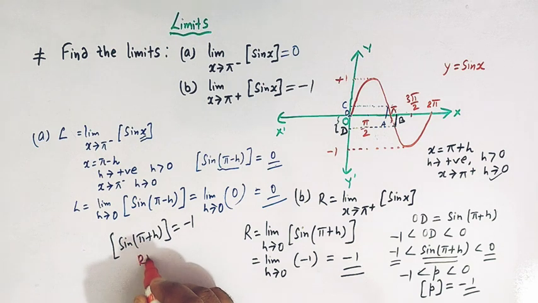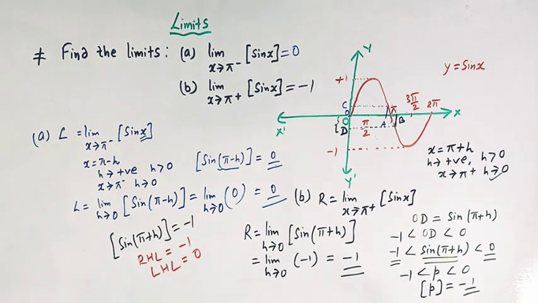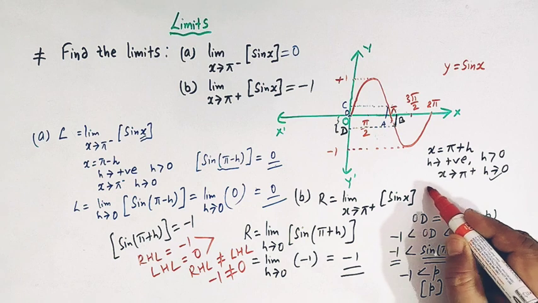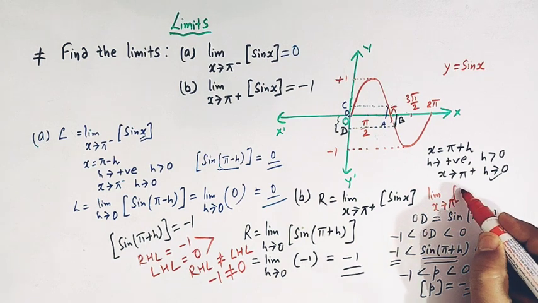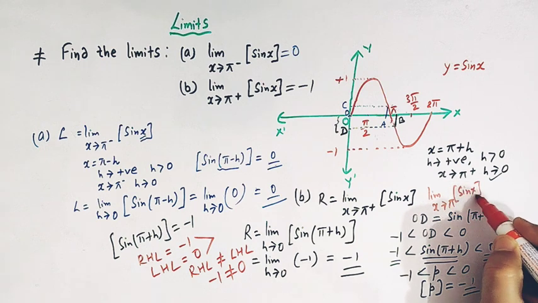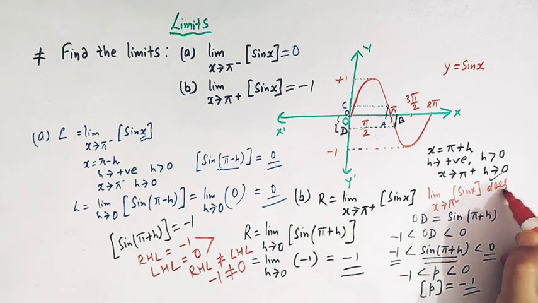Both the limits are not equal to each other, that is, the right hand limit is not equal to the left hand limit, minus 1 is not equal to 0. So we can say that the limit as x tends to pi of the greatest integer of sine x does not exist, right?